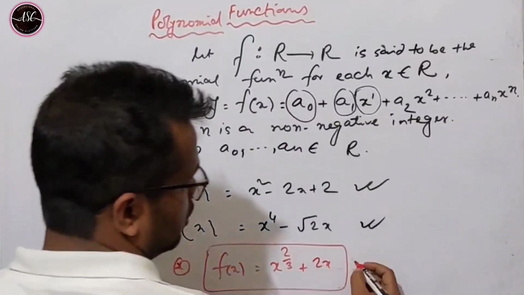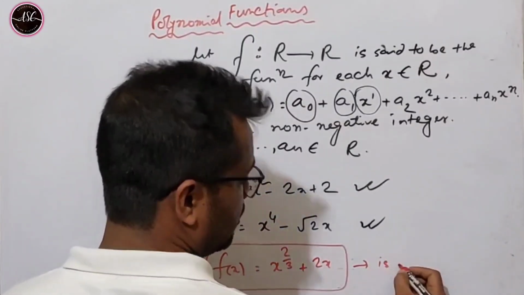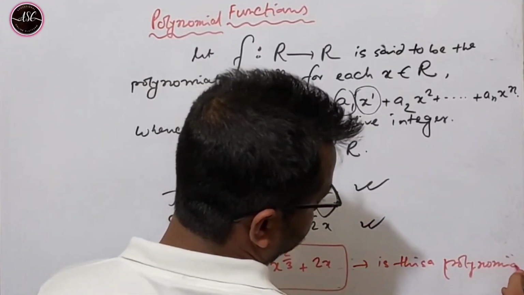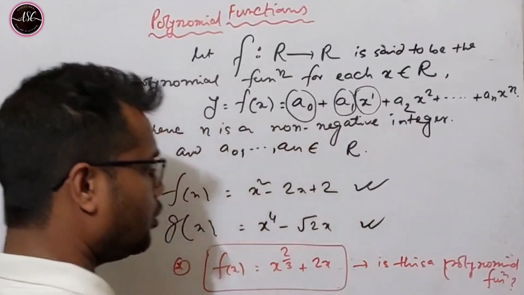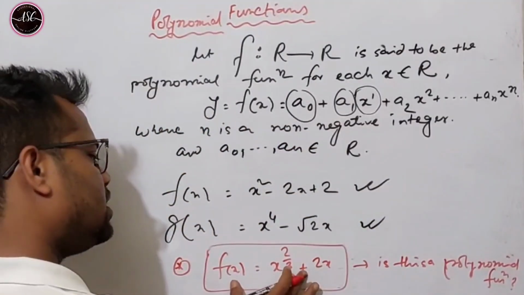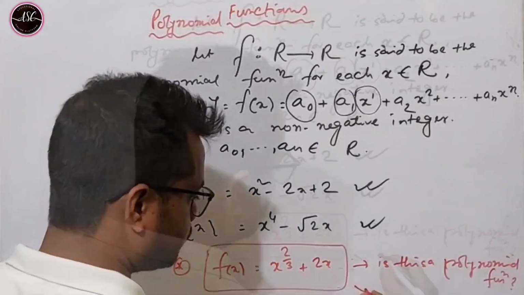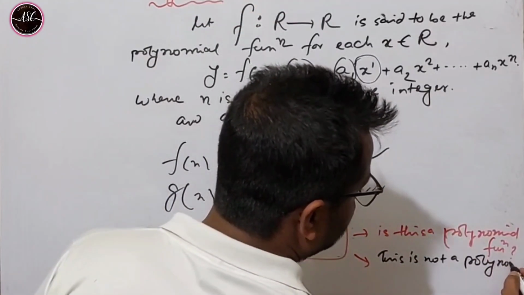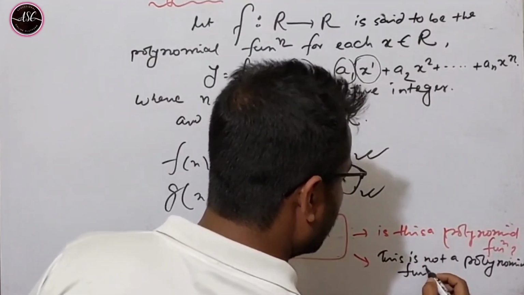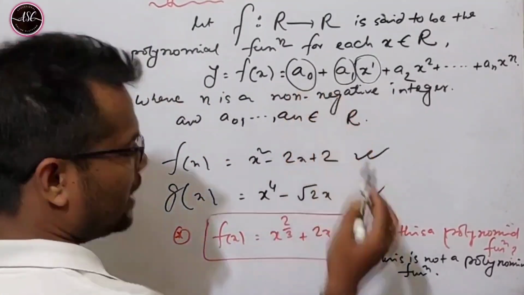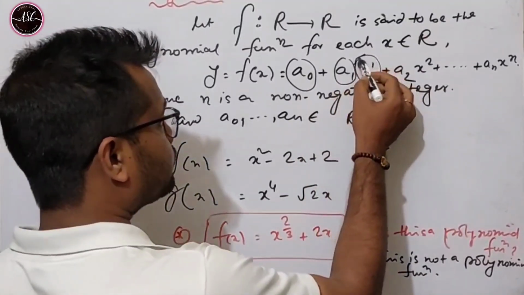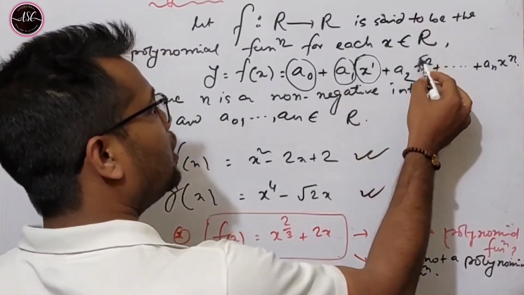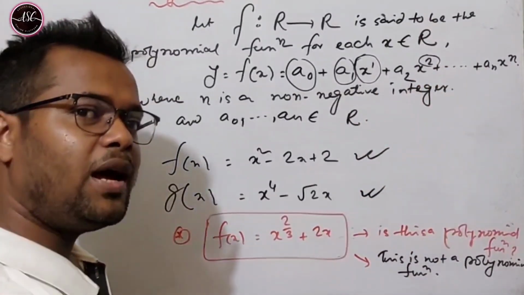Okay, and there is a question: is this a polynomial function? What will be the answer? This is not a polynomial function. Why? We have seen from the definition there is the variable and the coefficient, and the power of the variable must be a non-negative integer.